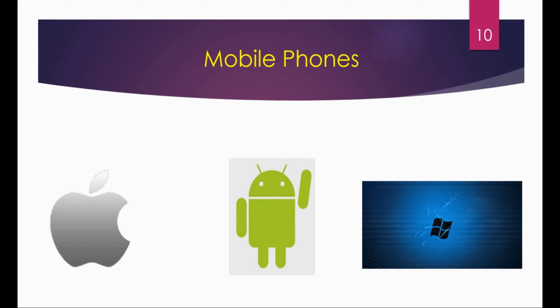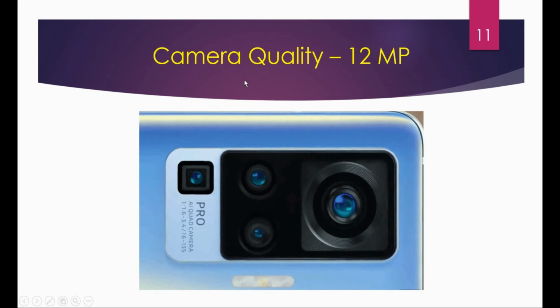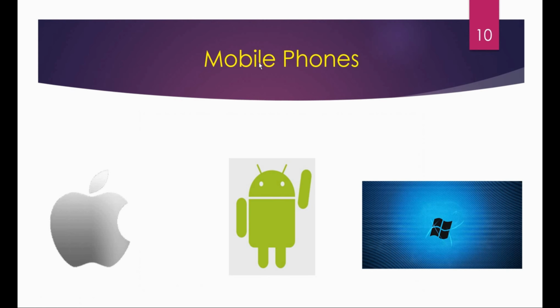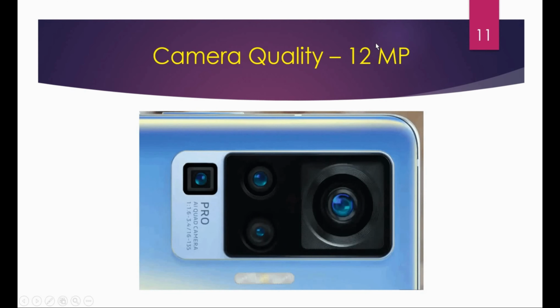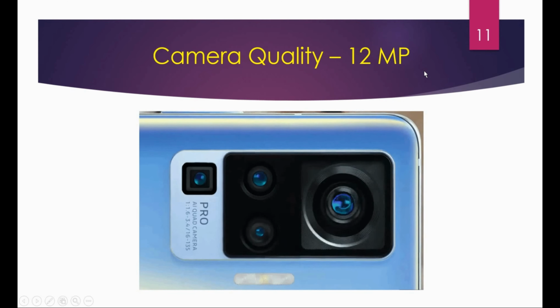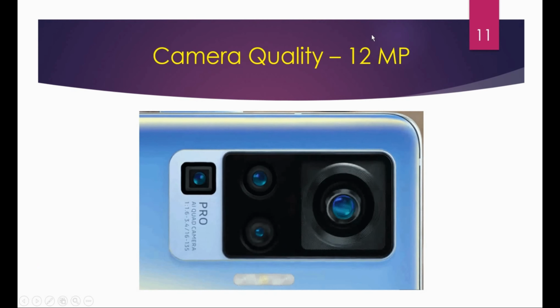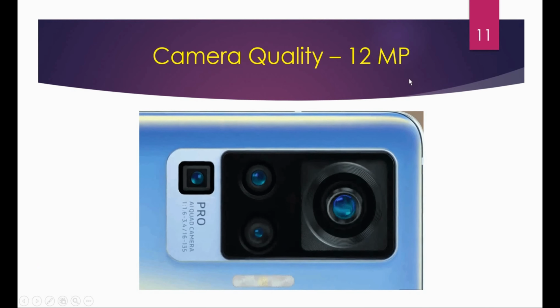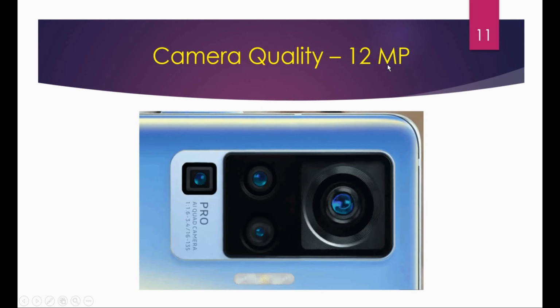And in a similar way, we can even do this for camera quality. Let's say we want to create a subclass of mobile phones, and we want all the phones having a camera quality of 12 megapixels in that class. So once that class is created, all the phones having 12 megapixels of camera quality will be in that class.